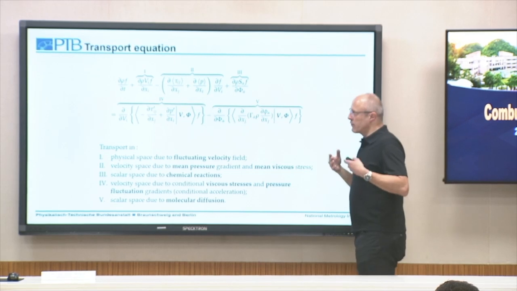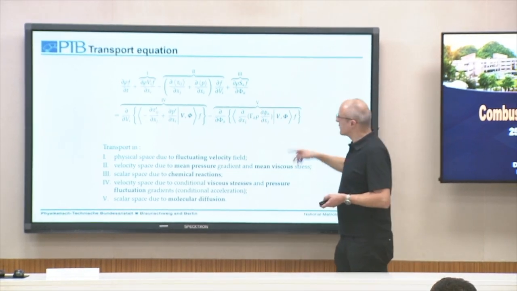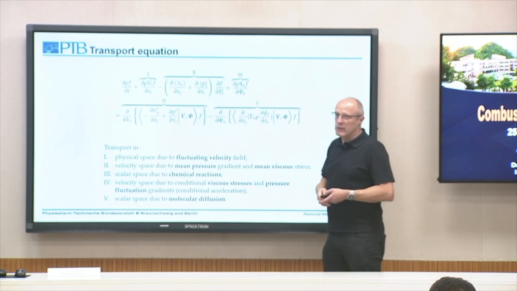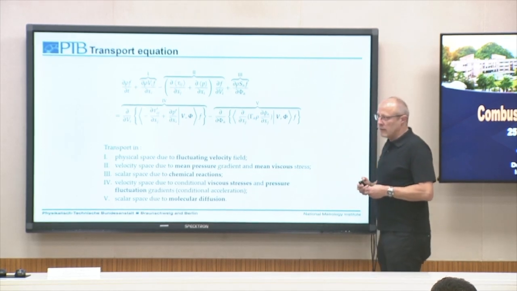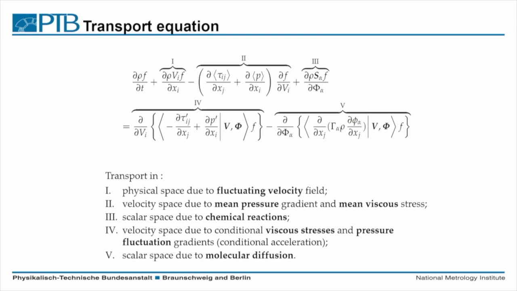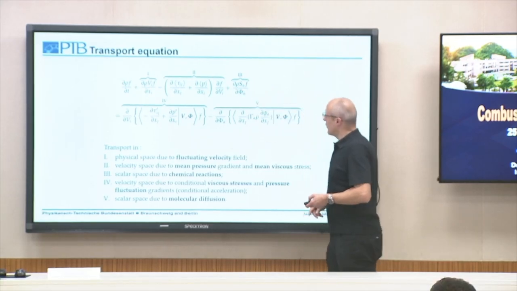The advantage now of this PDF setup is that this part here is closed. So we don't have any assumptions using average temperatures. And as you know, chemical reactions are very sensitive due to the Arrhenius equations we have with respect to temperature. But so this is a closed system here.